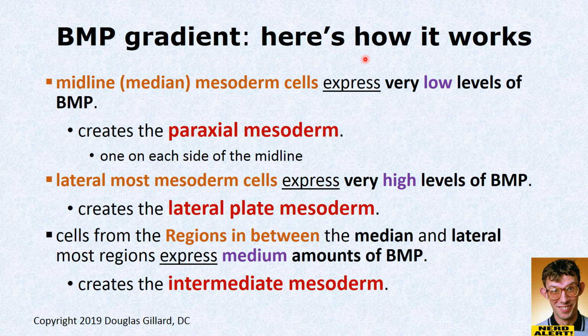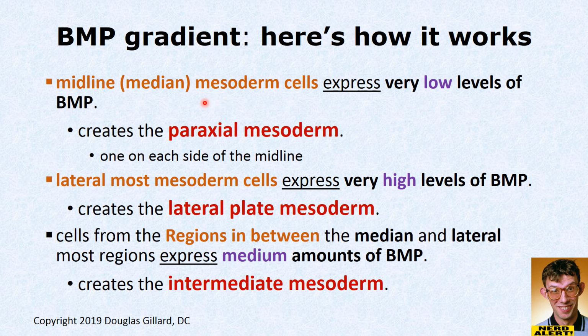So how does this BMP gradient work specifically? In the midline, like where the nodal cord is, the folding point of the little embryo, those mesenchymal mesoderm cells express very low levels of BMP.